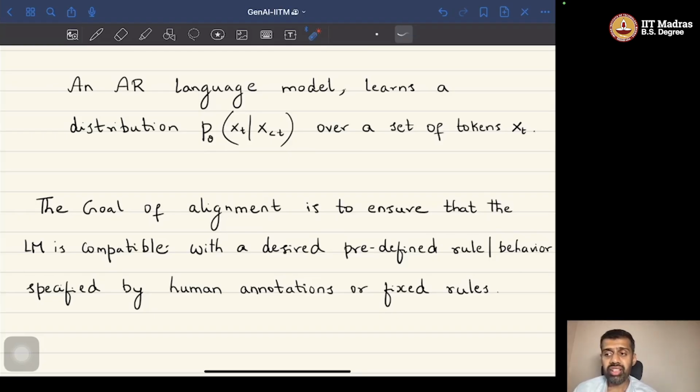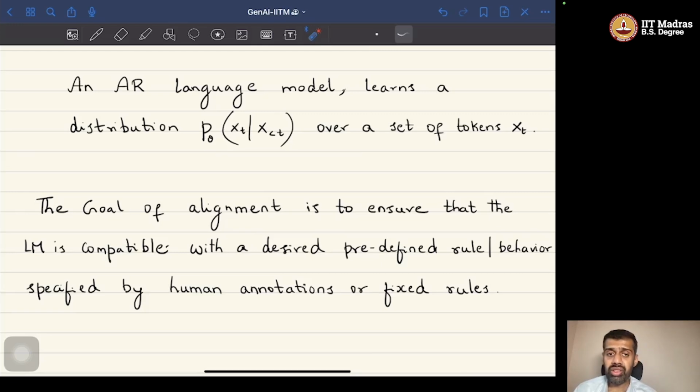Now, what is easier to obtain is this: suppose we have a particular language model that is trained. Given an input, one can generate multiple possible candidate outputs, and each of these candidate outputs is rated by either a human judge or some other machine based mechanism.